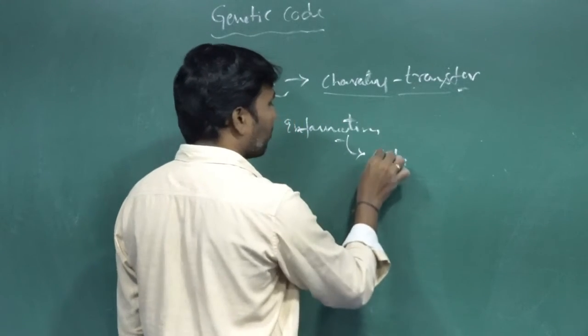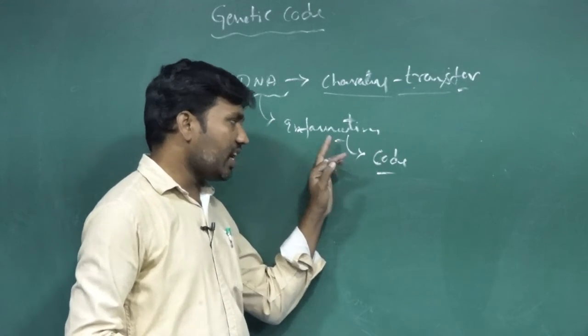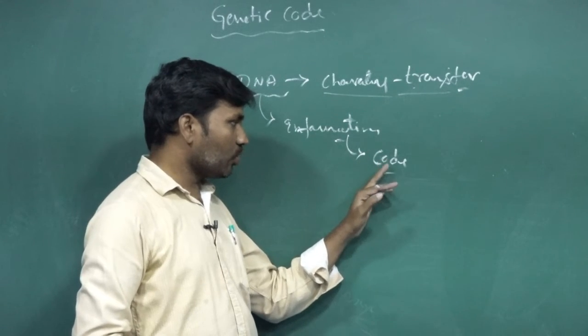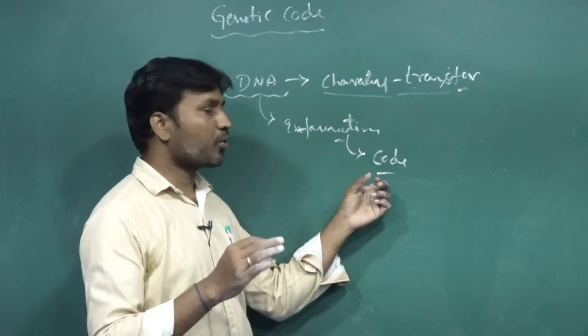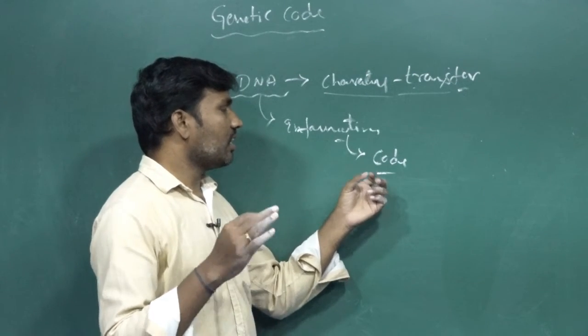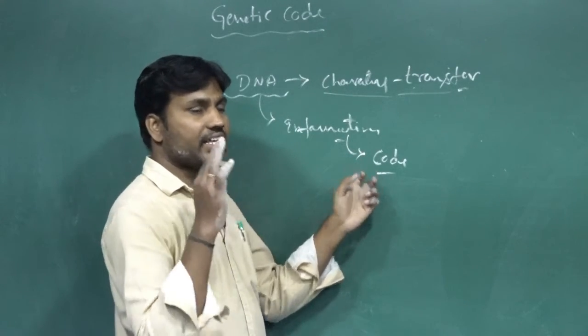So information is stored in the DNA in the form of a code. These codes are responsible for the production of specific proteins in the organism, and those proteins are expressed as characters.